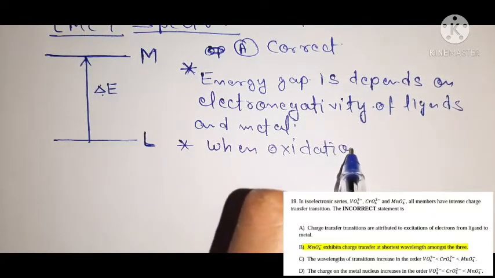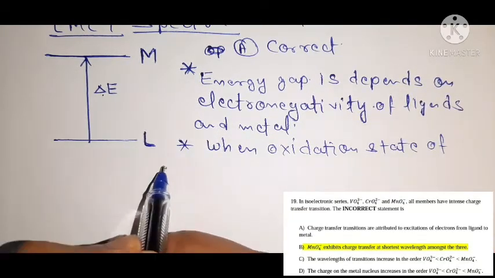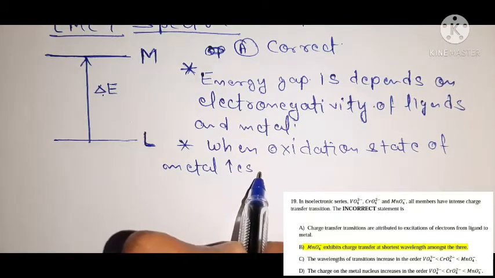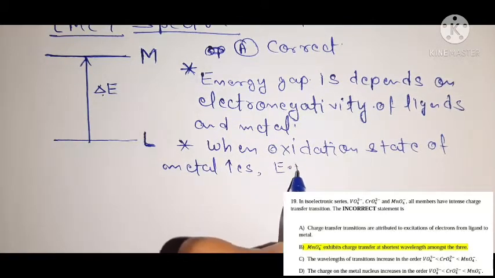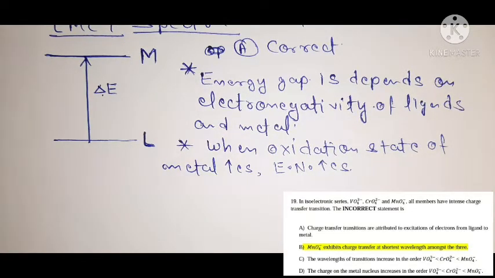And how can you relate the energy of that metal with electronegativity? When electronegativity increases, its energy will decrease.